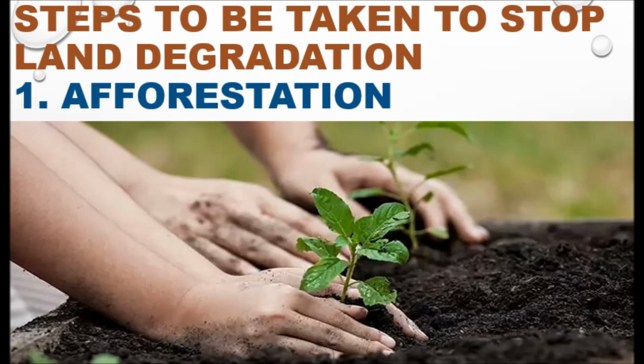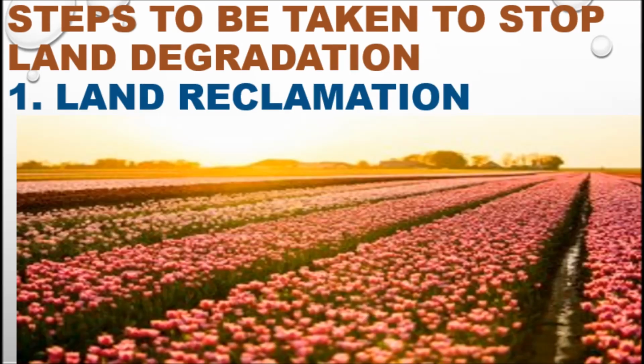Number 1, afforestation. Afforestation is the process of sowing seeds or planting trees in an area that does not have trees. Number 2, land reclamation. Land reclamation is the process of making lands suitable for more intensive use.